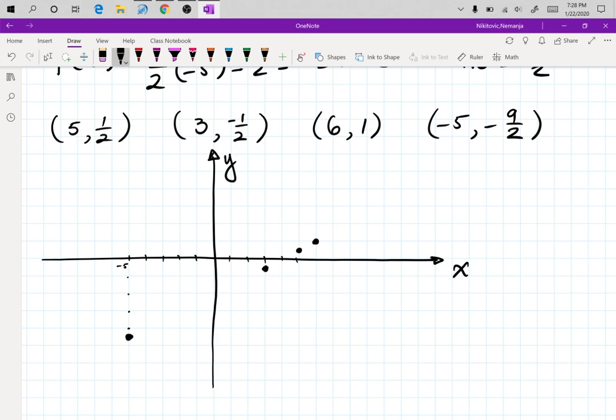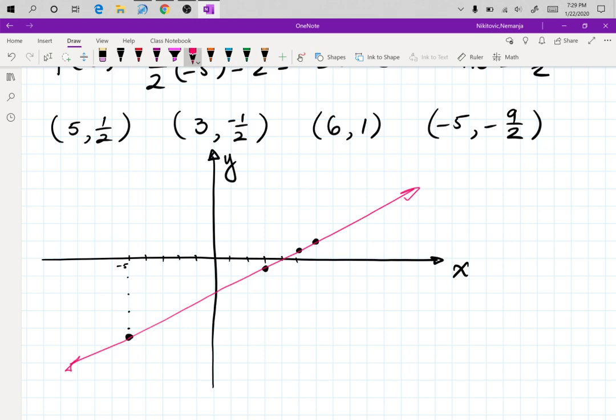I hope you guys see that these points are collinear, meaning what? They all fall on the same line. They're all sitting on the same line. Very good. There is the line, and you see that they all sit on the same line.